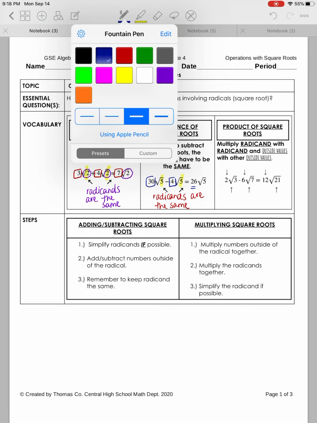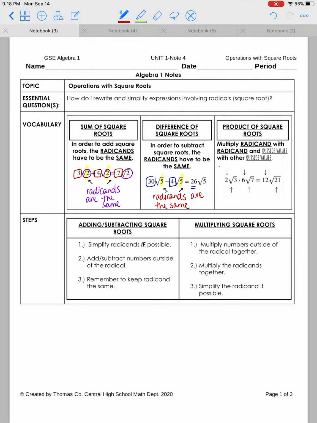So really quick, let's label this. The 2 is the outside. The square root of 3 is my radicand. The 6 is my outside. The square root of 7 is my radicand. But again, with the product, these radicands do not have to be the same.